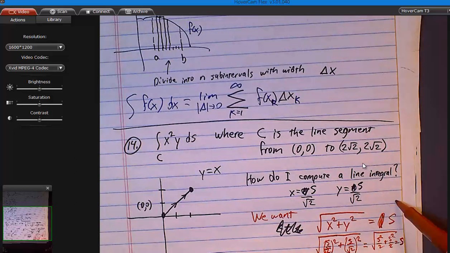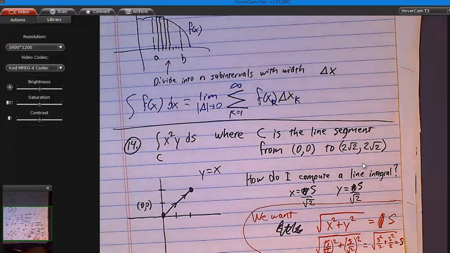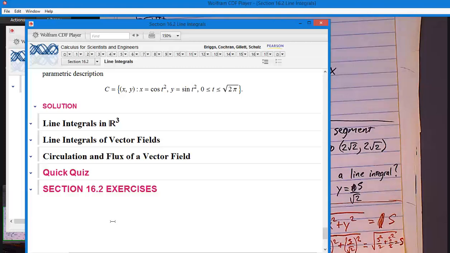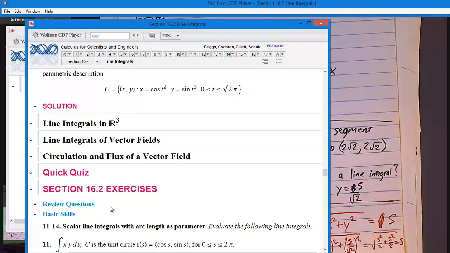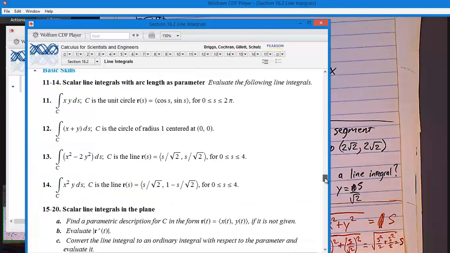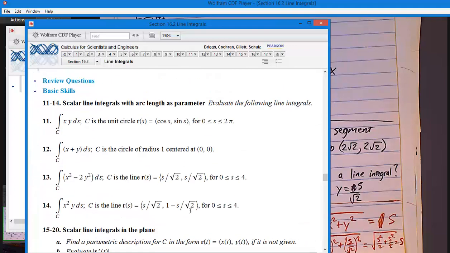I don't think the book explains it that way. I mean, if you take a look at the problem they give you at the start here, they just tell me, hey, evaluate number 14 where, here you are, s over square root of 2. Oh, wait a minute, there's a mistake I made.